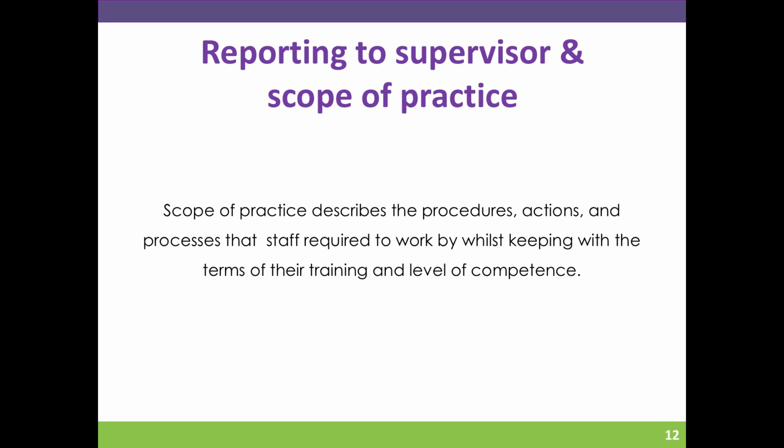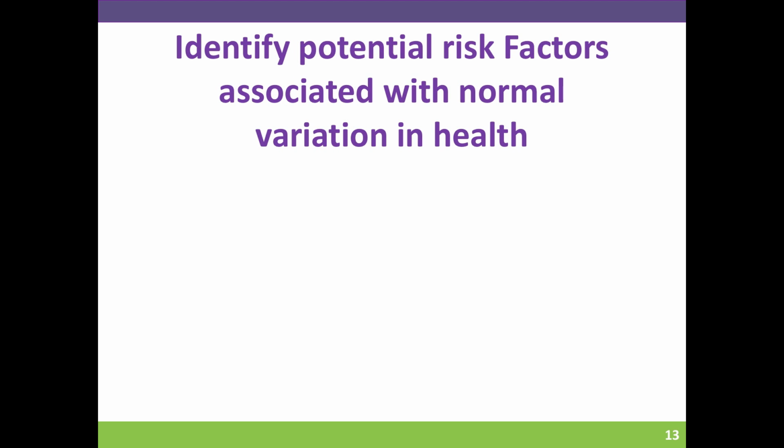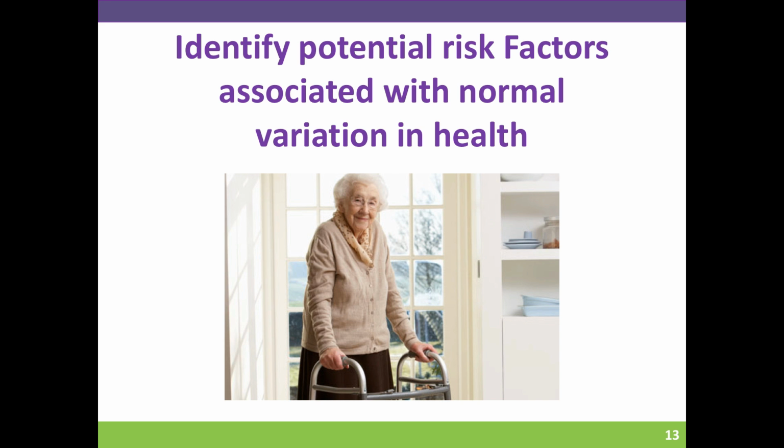Throughout the life cycle, there are variations to a person's health status that may occur. Sometimes these variations are seen as a normal part of the stage the person's in within their life, or they may be an indicator of a potential or actual health issue. So for example, it may be seen as a normal part of ageing for an 85-year-old lady to take her time to stand up from a chair and walk down the hallway to the dining room.